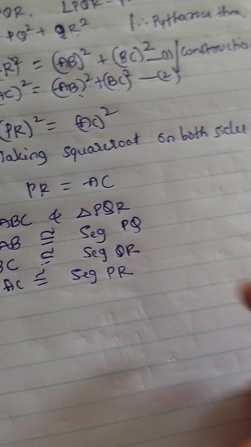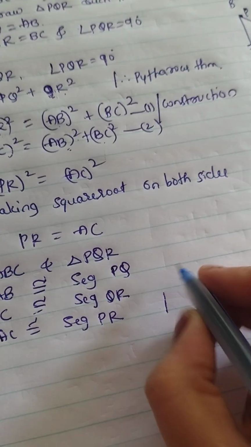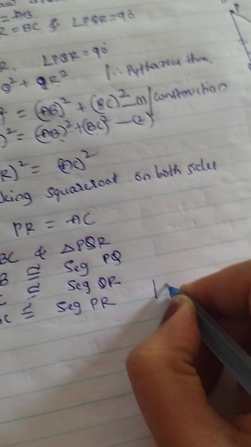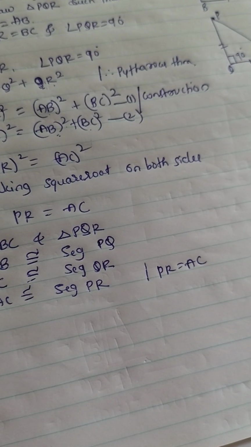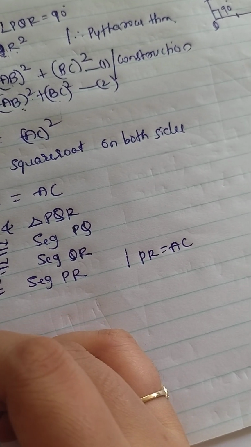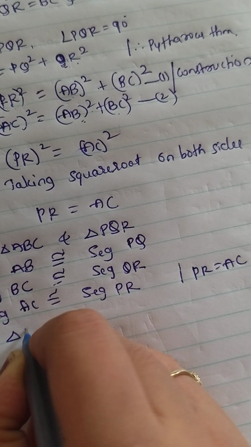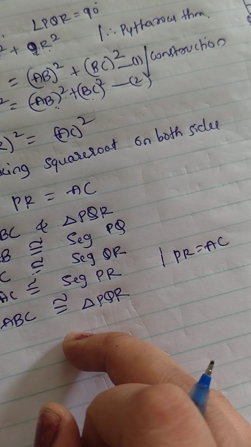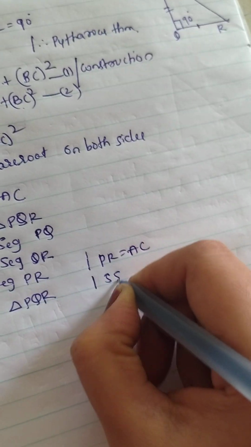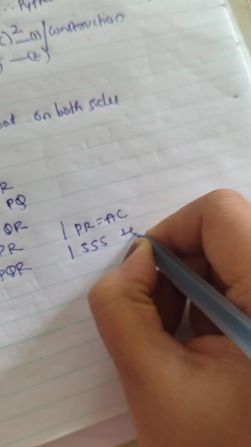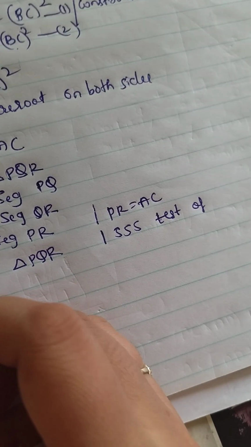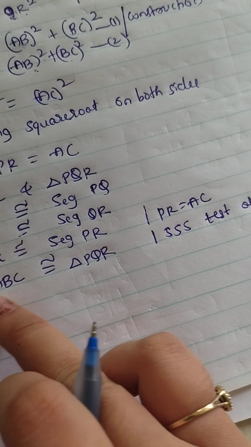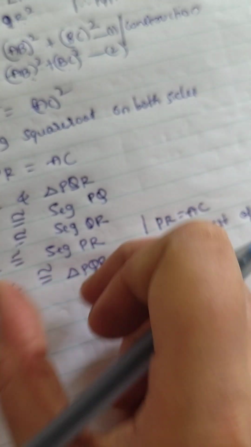Correct? This is because PR is equal to AC. So that's why triangle ABC is congruent to triangle PQR. This is because of the SSS test of congruency. Okay, if these two triangles are congruent, their angles are also congruent.